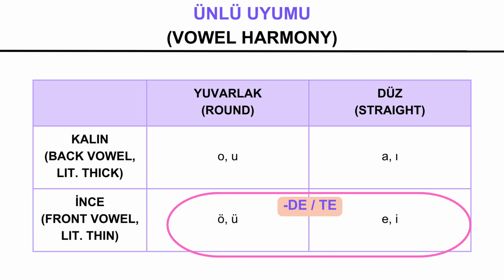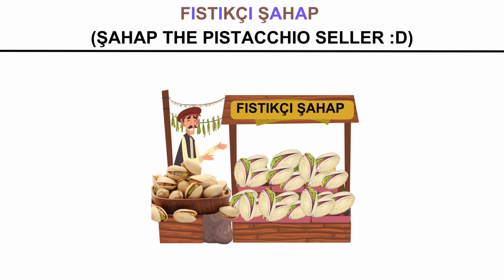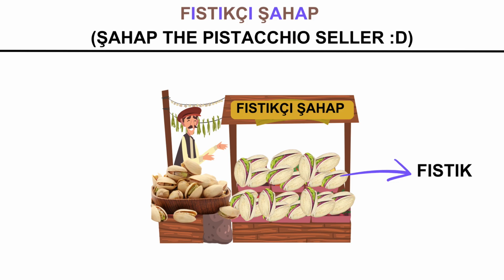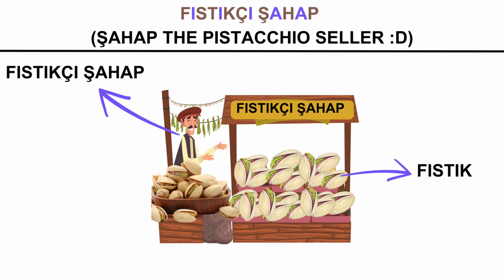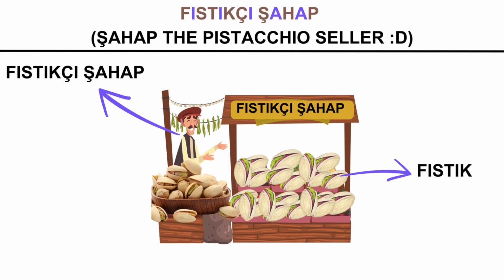To help you better memorize the letters that we need to be careful about, there is a trick. It is called fıstıkçı Şahap in Turkish. In English, it means Şahap, the pistachio seller. Fıstık is pistachio. When we say fıstıkçı, you don't need to learn this by heart, just for your memory, it means someone who sells pistachio.